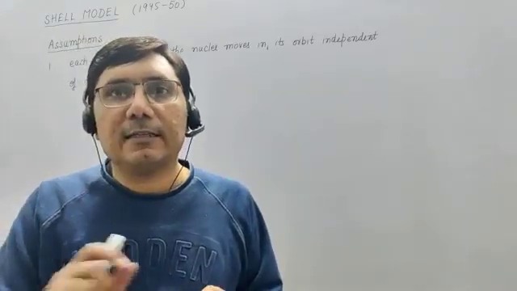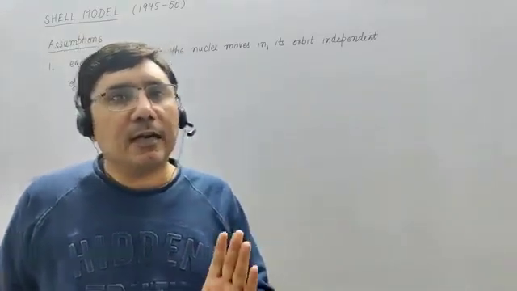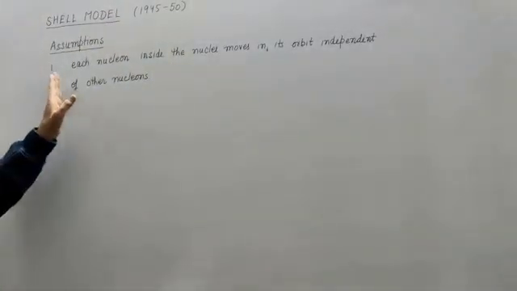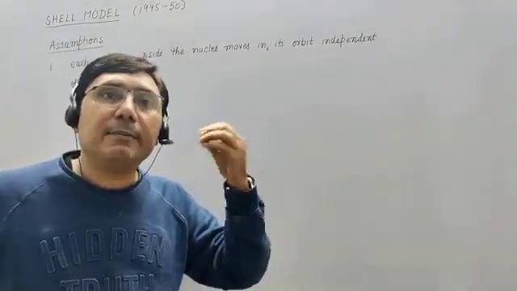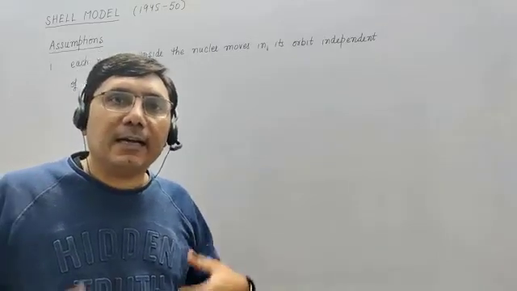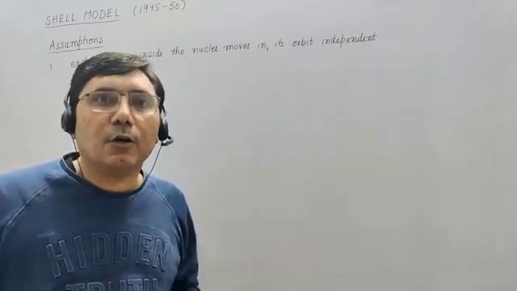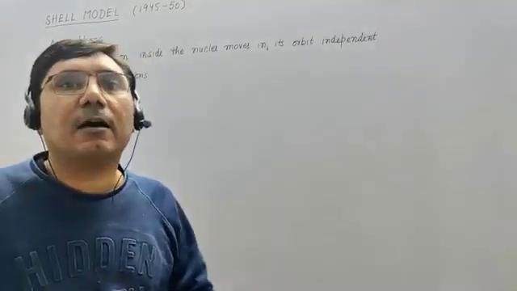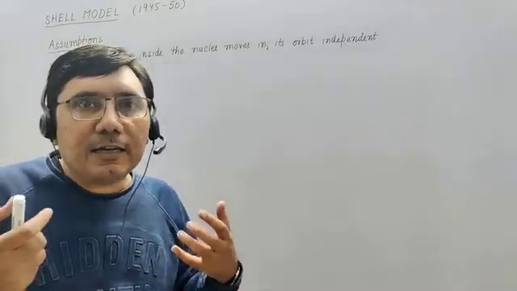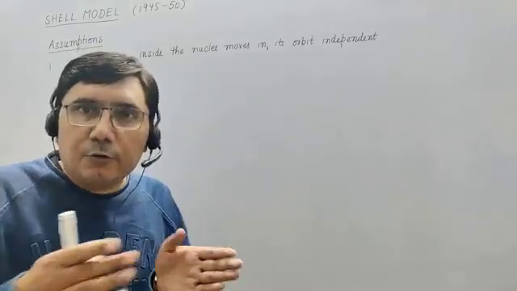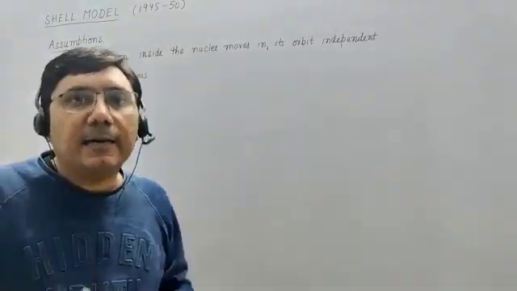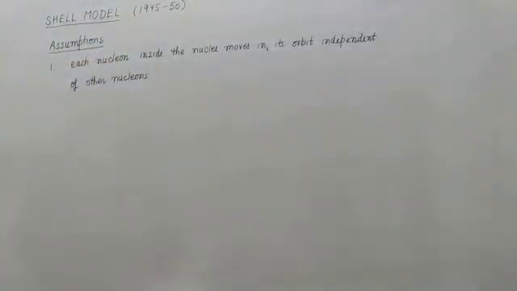So surely there is some type of interaction, but we are assuming that each nucleon moves in its orbit independent of other nucleons, so we are neglecting that interaction. How can we incorporate that interaction between nucleons inside our model? For this they made a second assumption.